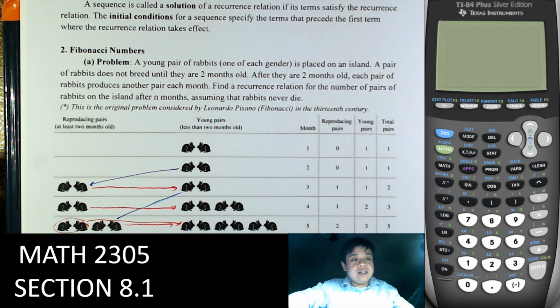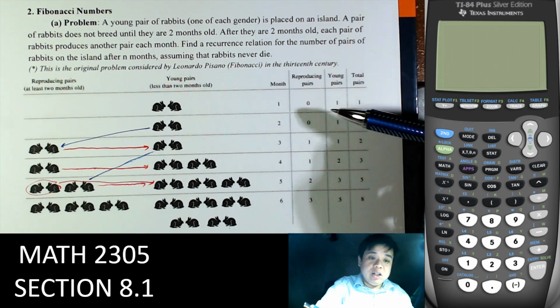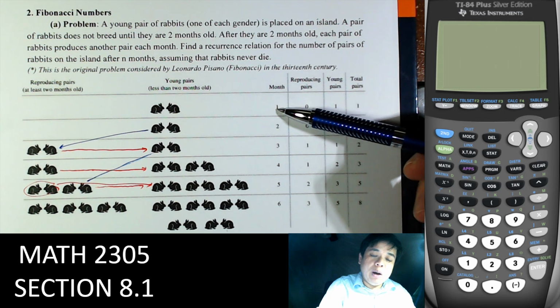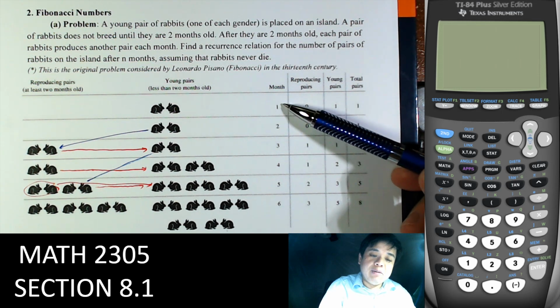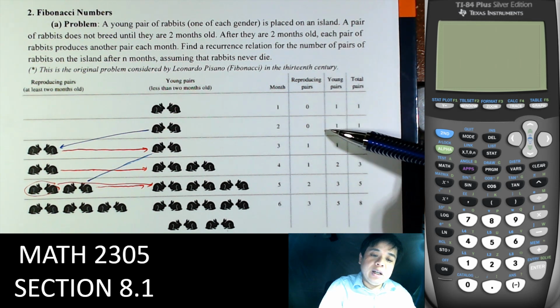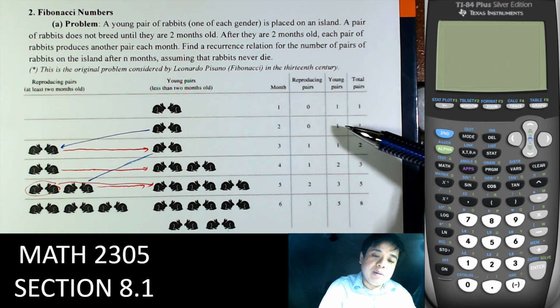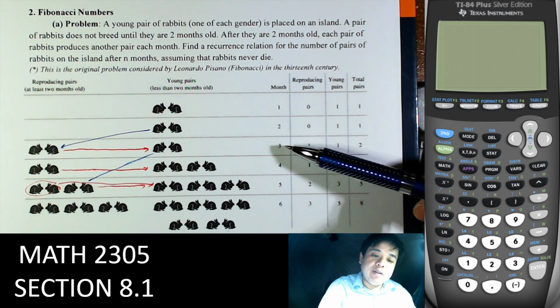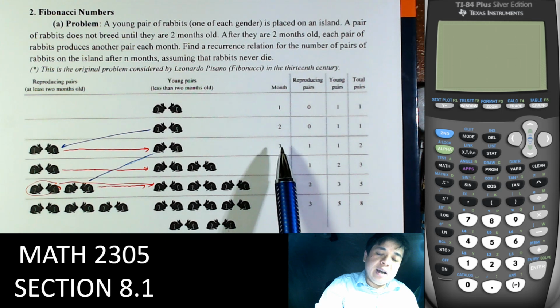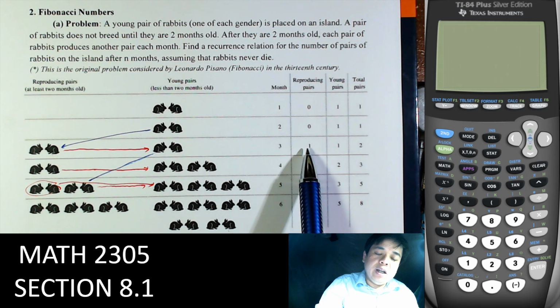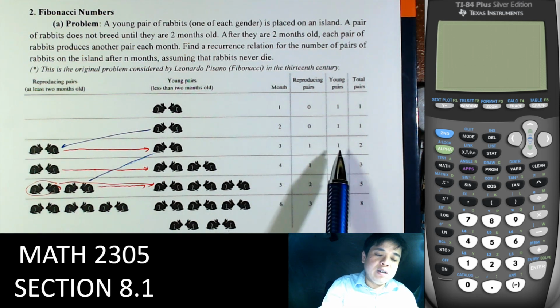This process is repeating, and we just count. Originally, in month 1, there's nothing, but after the second month they give birth, and then after 3 months we have one pair here and one young one, and after that they give birth again.